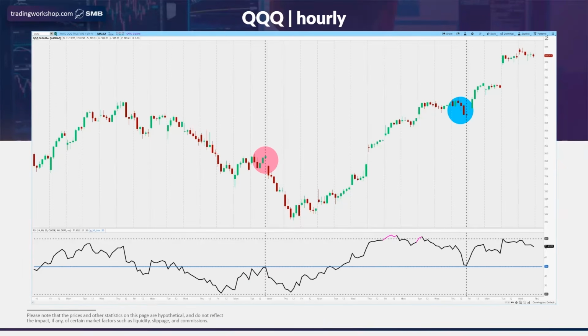So the variables for this specific setup are, first, we need something to get to that extreme. If we're talking about the short, we want to see it get oversold first, and we're talking about the retracement short, so that midline. What's it going to do on the higher time frame? On the higher time frame, you just want to make sure that it's not oversold.